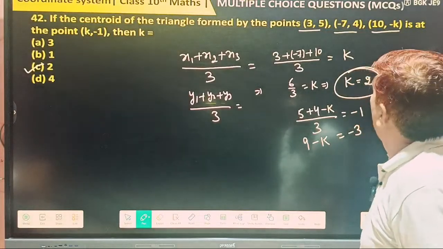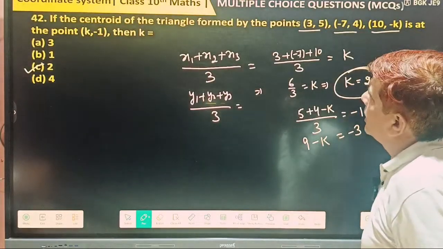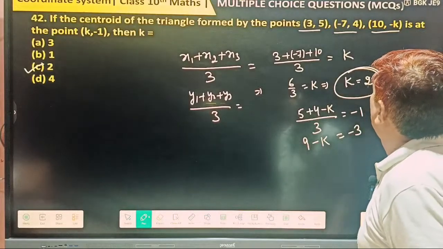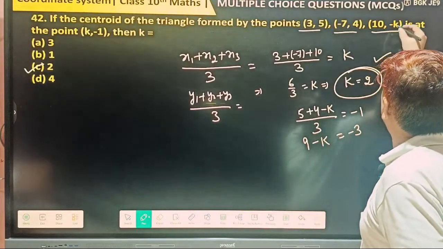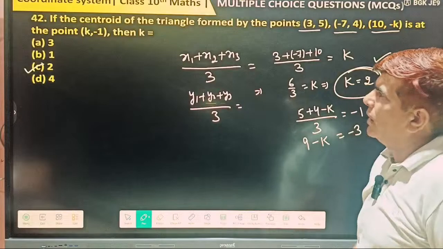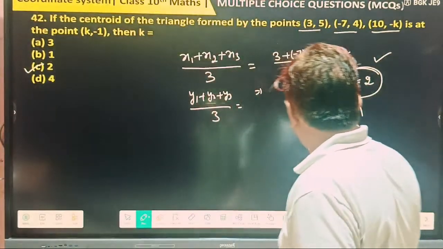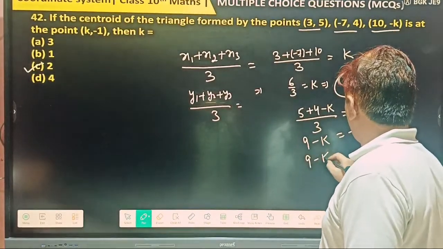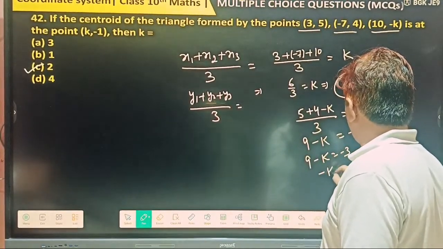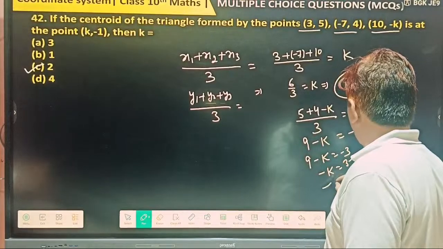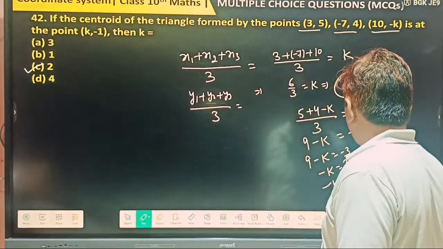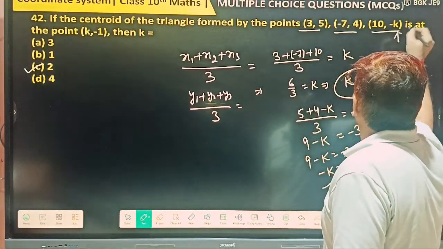So what's the value of this k, 2, and what's the value of this k? One more k need not be found. And if you want to find it, 9 minus k equal to minus 3, minus k equal to 3 minus 9, minus k equal to minus 12, k equal to, I'm talking about this.